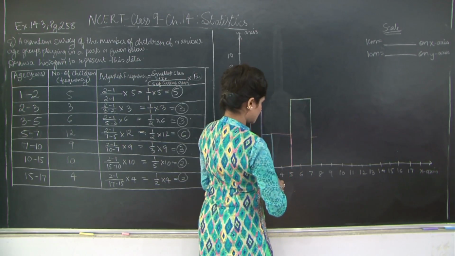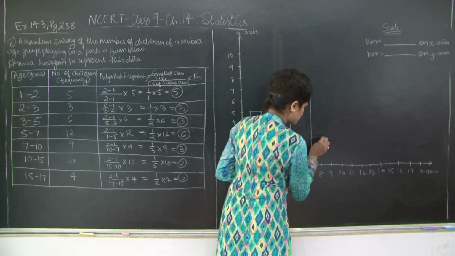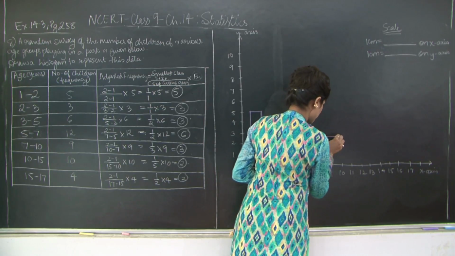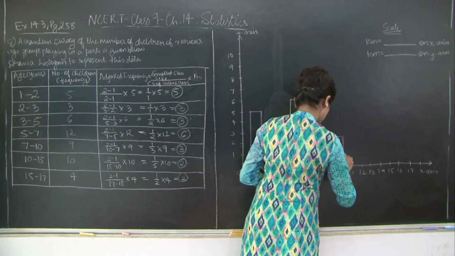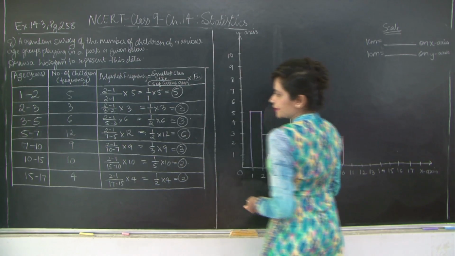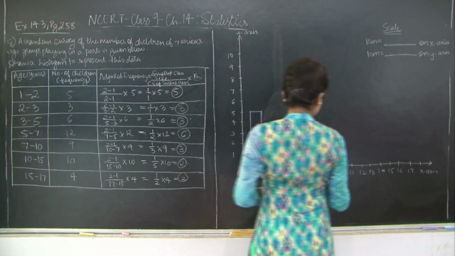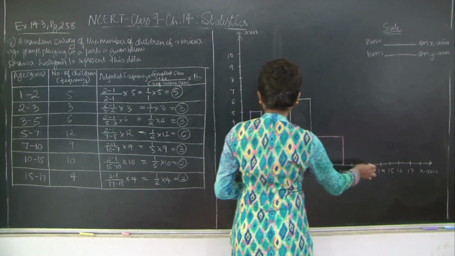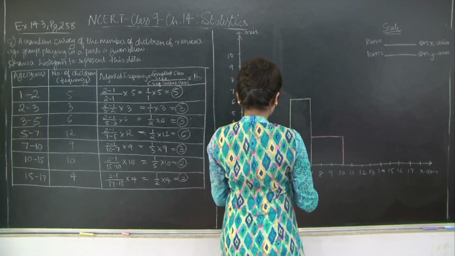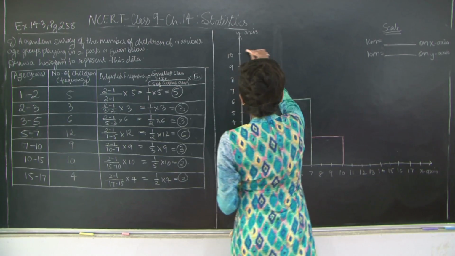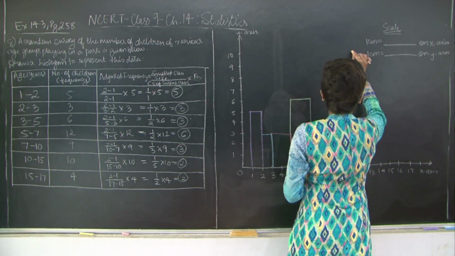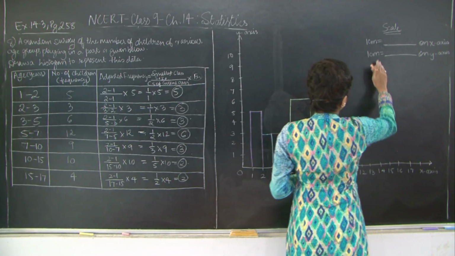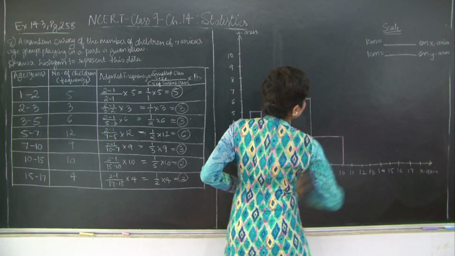So let me use a red color chalk itself. Then there is 10 to 15 and 10. So 10 to 15 and 10. So 10 is here. So what I'm going to do is I'm going to erase this scale over here.